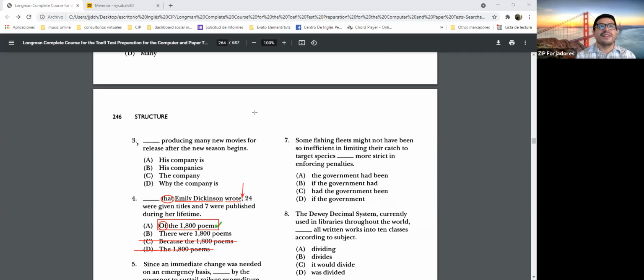Then, comma, this is an appositive. This is not the main subject of the sentence. The main subject of the sentence is 24, and then the verb is were.